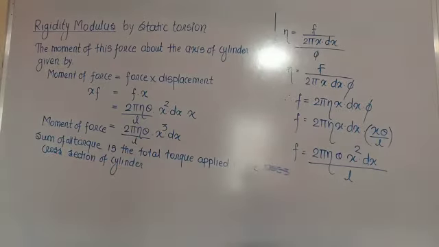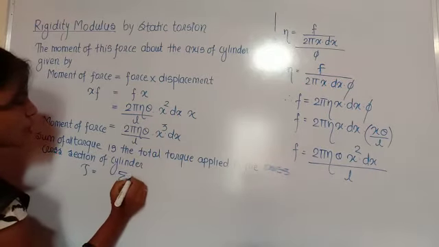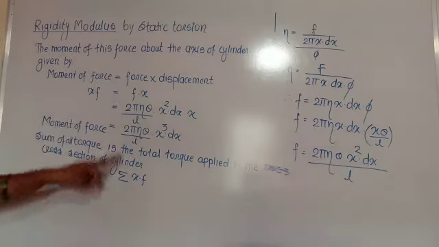This total torque tau is equal to the summation of x into F, that is, the summation of all the torques.